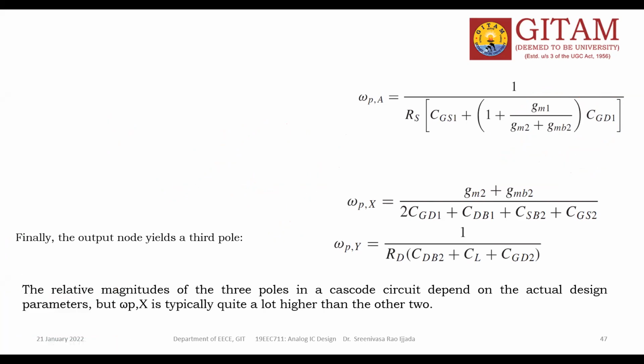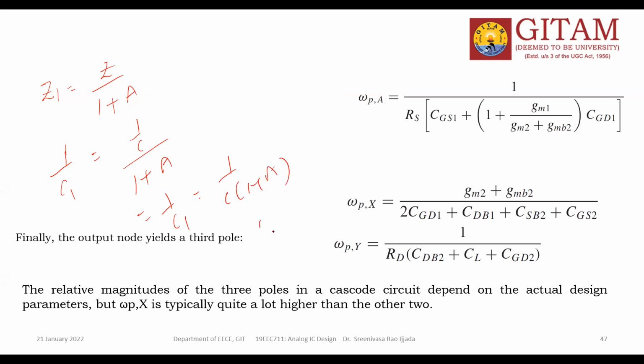What is the formula? Z1 is equal to Z by 1 minus or plus A, no problem. Here Z1 is equal to 1 by C1, and Z means 1 by C, so 1 by C1 is equal to 1 by C into 1 plus A. What is the C1 value?